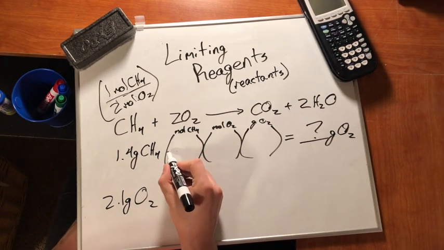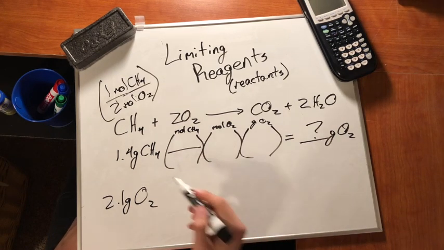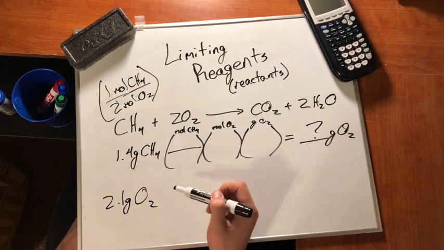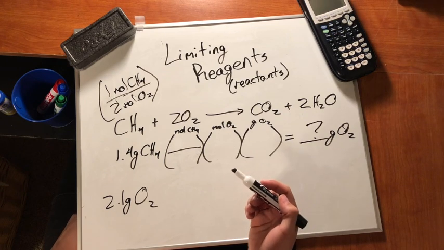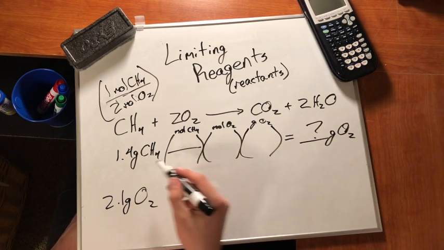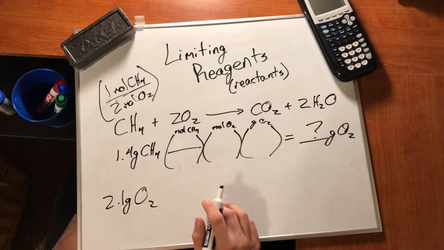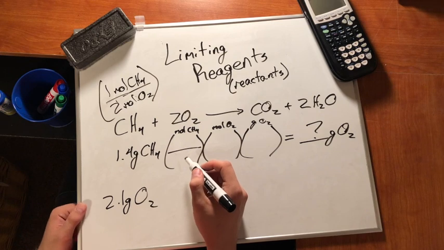So let's do this one step at a time. First step, I need a conversion factor. How do I convert grams of a substance to moles of a substance? Well, we've talked about this in previous lessons. That is simply the molar mass. So I need to figure out the molar mass of methane in order to convert it into moles of methane. I've already figured that out.